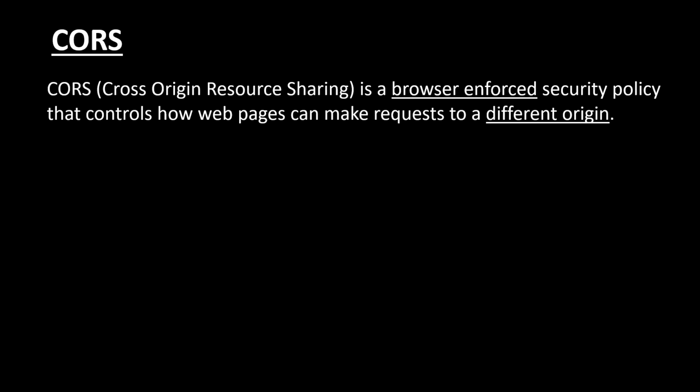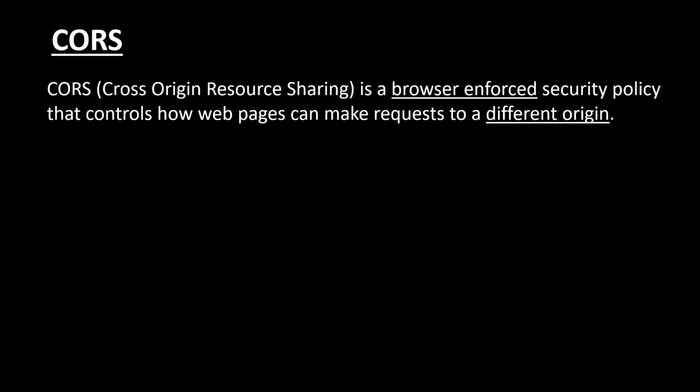Okay, that was not that difficult. But if you are running a web page in your browser, then automatically a security policy will be enforced, so that you cannot make a request to a different origin. Now the question is, what do we mean by different origin? One thing we understood is why this issue was only happening when we were running the UI in the browser, because it comes into the picture at that time only.